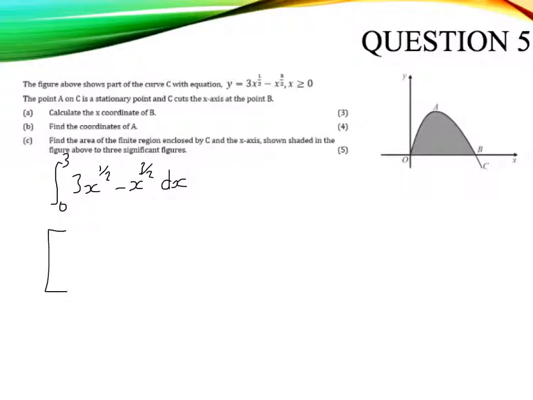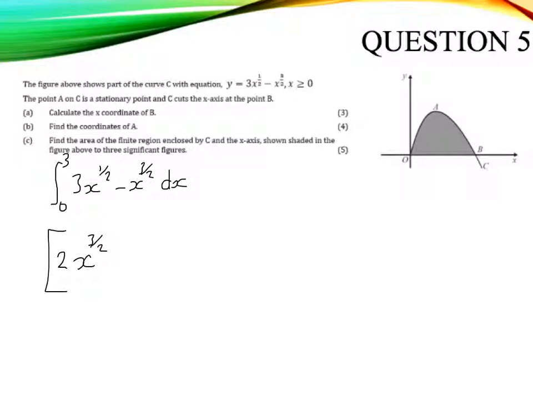Big square brackets, and remember what we're going to be doing here is increasing the power by 1 and dividing by my new power. Let's deal with the x part first. If I increase a half by 1, I get 3 over 2. So that's going to become x to the 3 over 2. And dividing by 3 over 2 is the same as multiplying by 2/3. So I've now got 2 times 3 over 3, which is just 2.